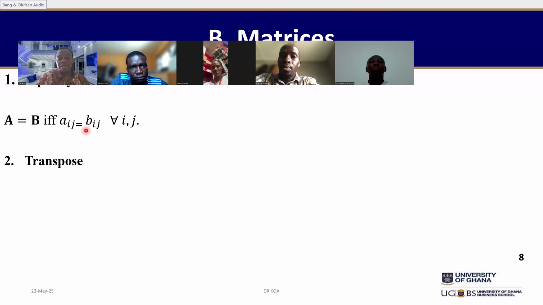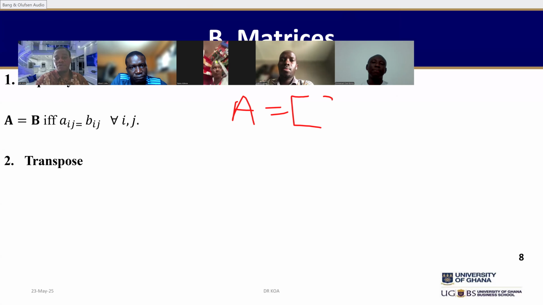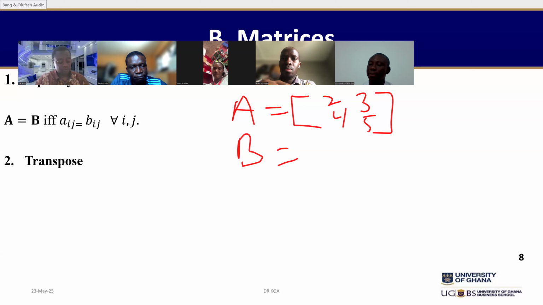So even if you have A, which is 2, 4, 3, 5, normally we wouldn't say that A is equal to B, but simply because B is 2, 2, 3, 4, 5.